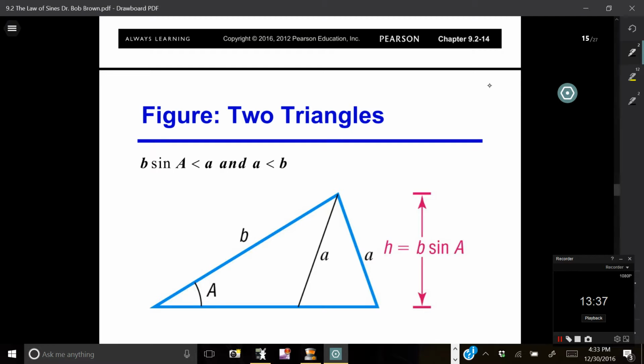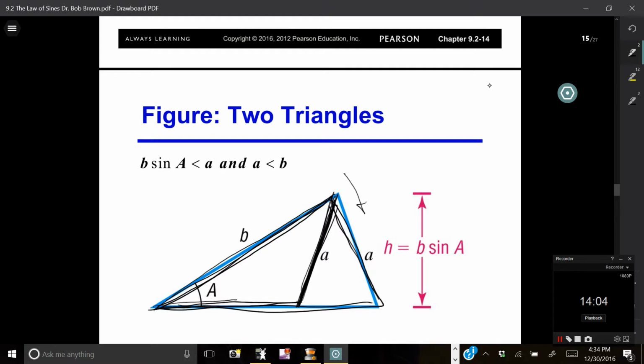Notice that you could have A tilted to the left and have an obtuse angle, and that would be one triangle. The other one would be if A tilted to the right and you have an obtuse triangle.